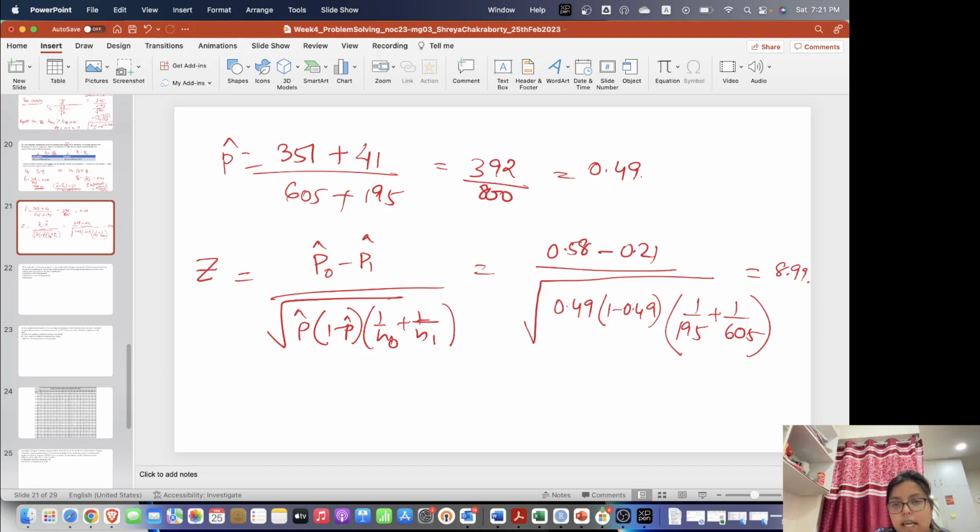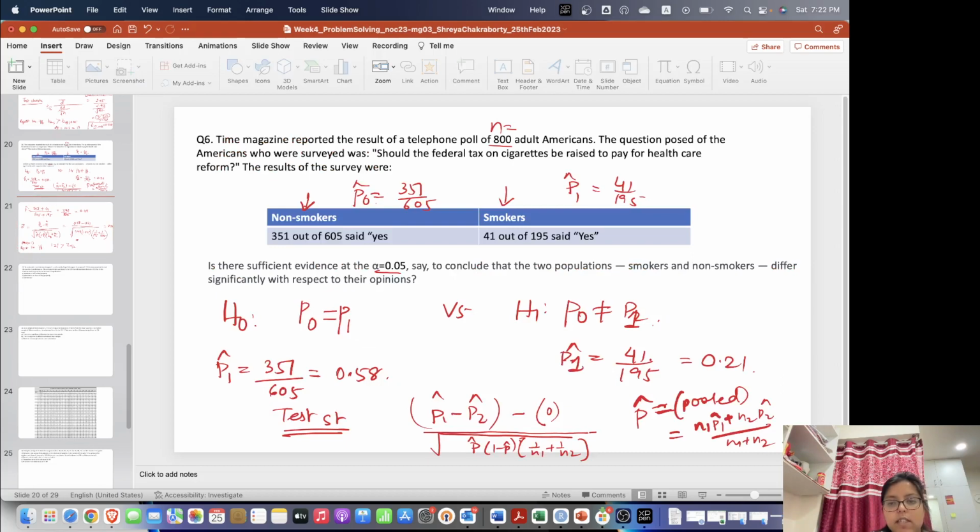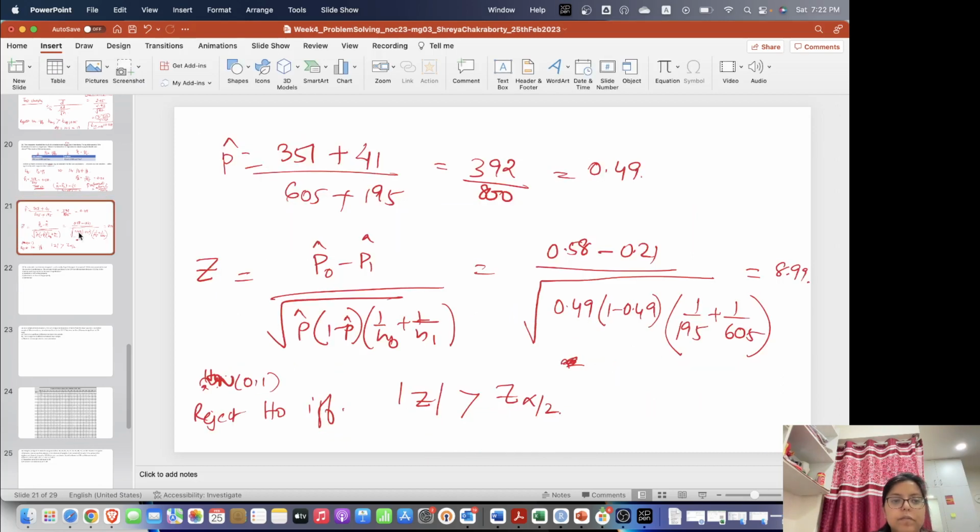Since the sample size is large, we'll assume that this follows a normal 0,1 under H0 approximately, asymptotically. So the rejection rule is, we'll reject H0 if and only if Z is greater than Z alpha by 2, because the alternative hypothesis is that they are not equal.